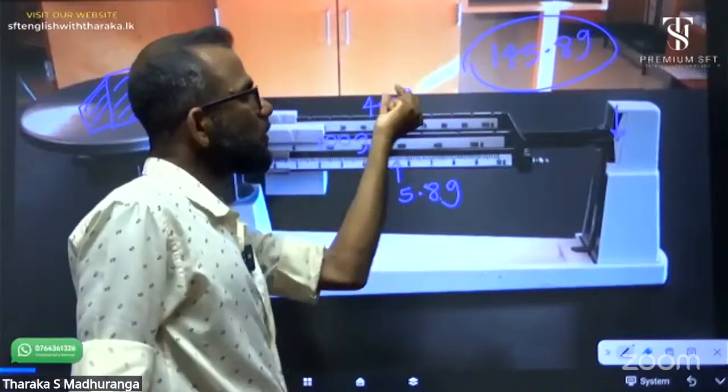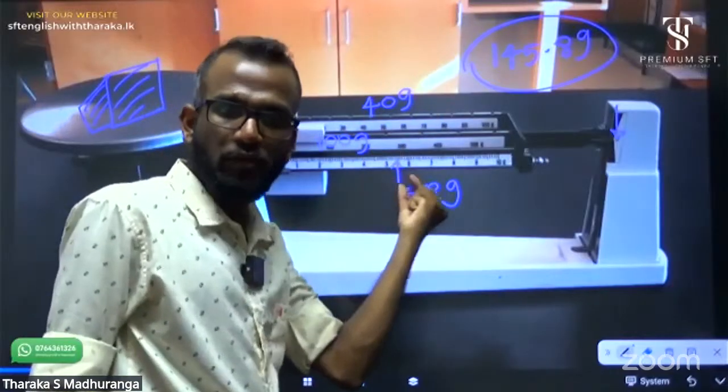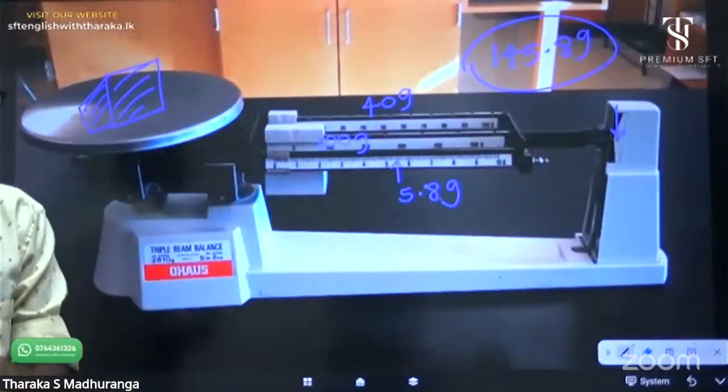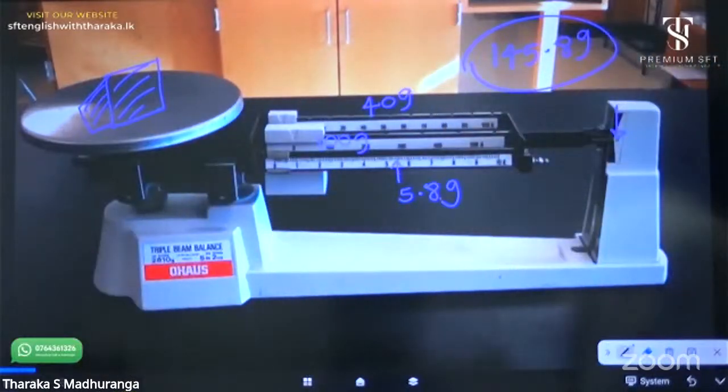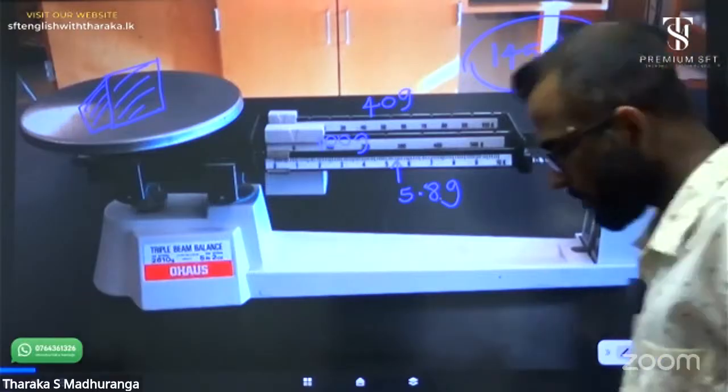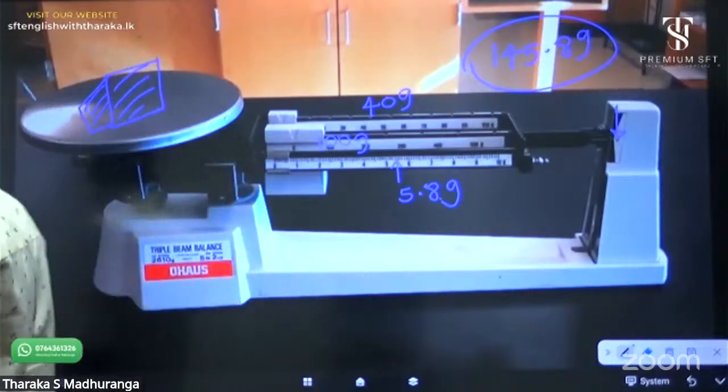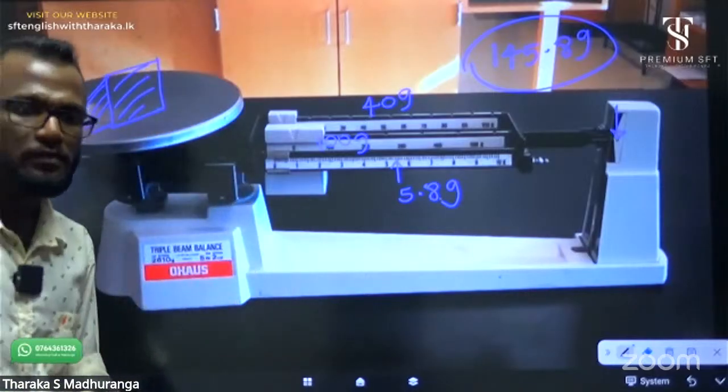Then adding all these rider position values, we can get the mass of the object, right? Do you have any doubt? You can ask.